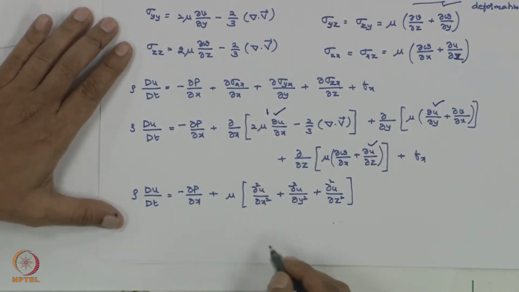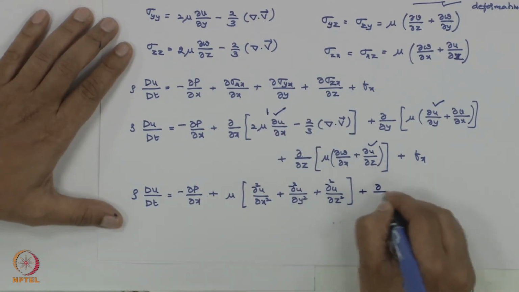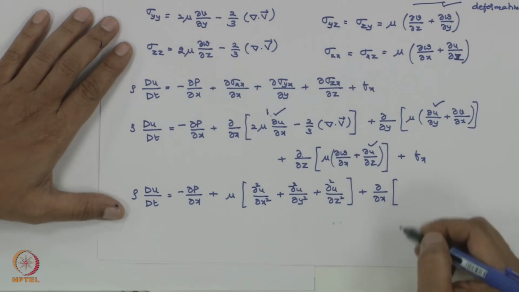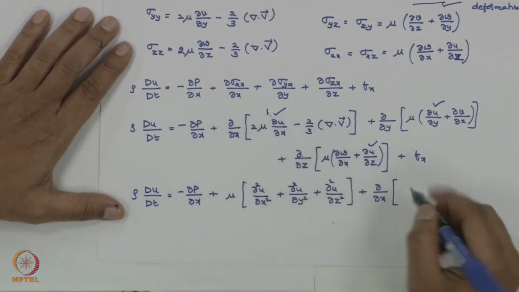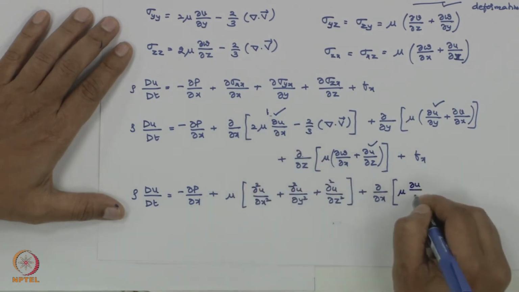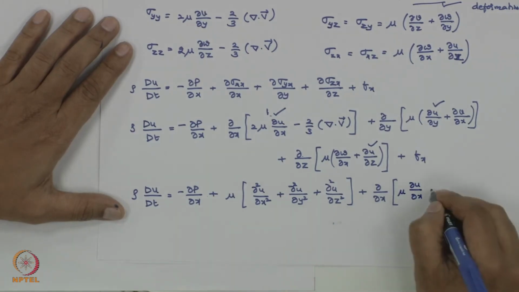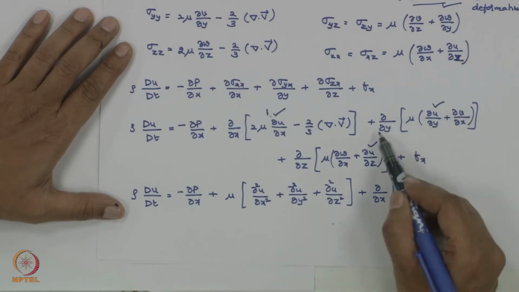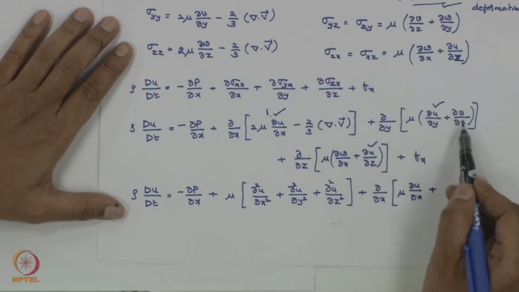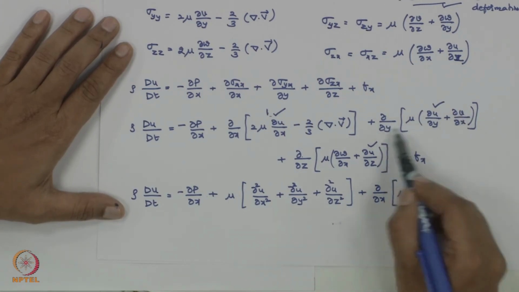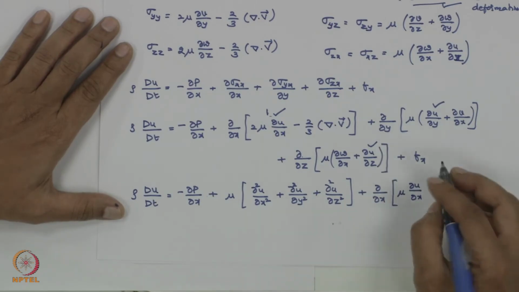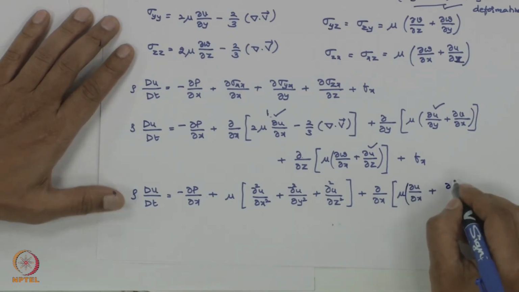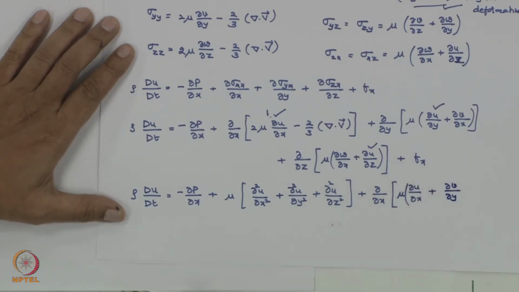So now what is left out is plus del by del x of one of these terms, so mu del u by del x, correct, plus you see here del squared v by del y del x, but it does not matter in which order I differentiate, so I can interchange this x and y, so I can write mu of del v by del y, correct.